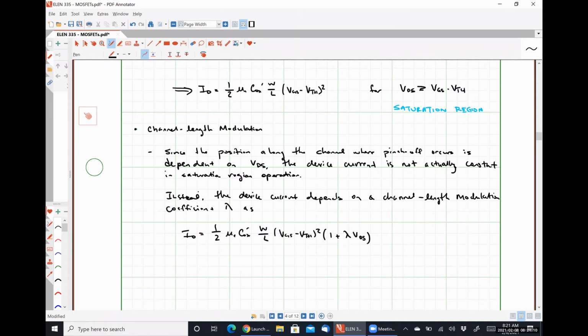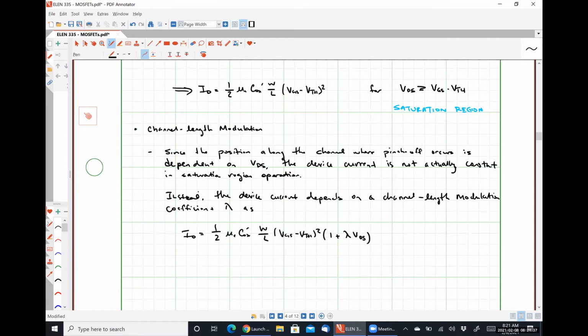So it represents the relative variation in length, meaning that if we make the length larger, lambda is smaller. Now, if we look at our device equation, what does making the length larger do? Makes ID smaller, but we could just make the width larger as well.